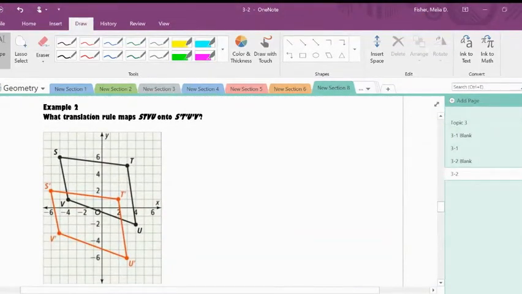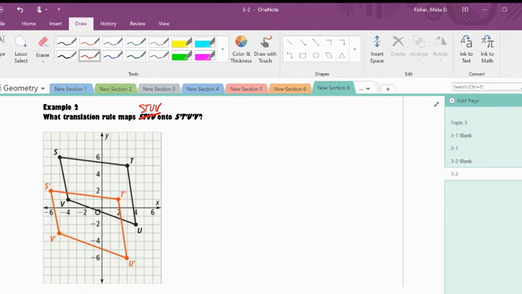So for example 2, they want us to figure out what translation rule maps STUV. This should say, this is a typo, so please change that to STUV. The order matters. If I went STVU, I would be cutting across and making like a Z instead of making a quadrilateral.